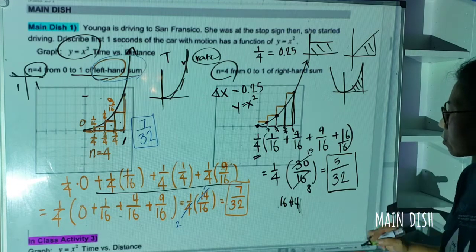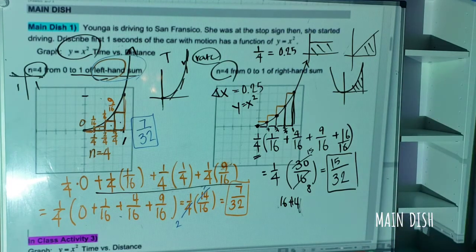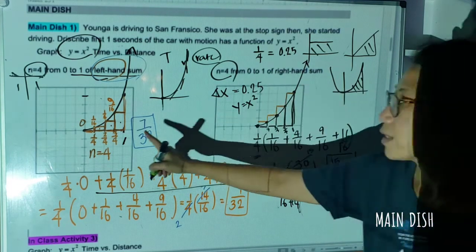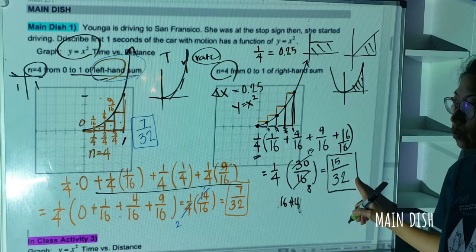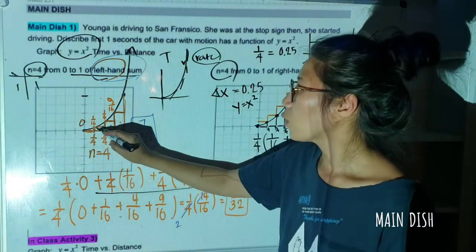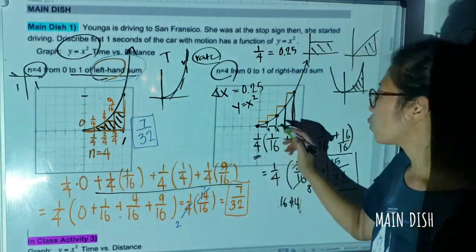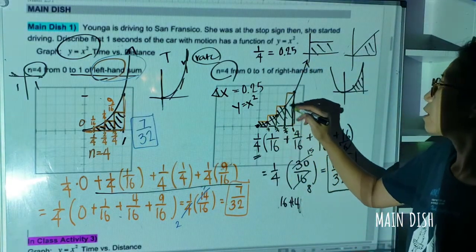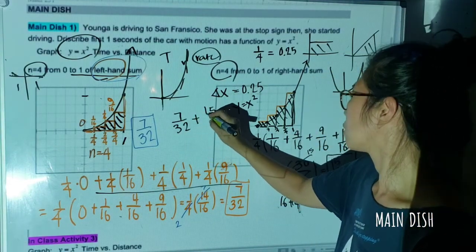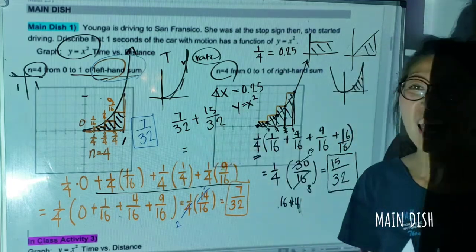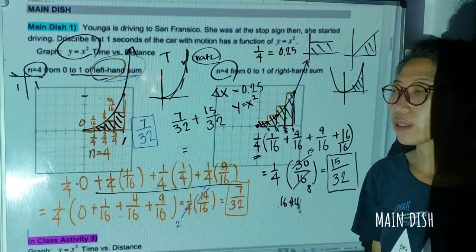Oh, what did I do? 15 over 32, right? So I got left hand sum as 7 over 32, right hand sum as 15 over 32. But do you see that this one is underestimated? This one is overestimated. So I'm going to add these two numbers, and then I want to find the average, which will give me a very good exam answer.